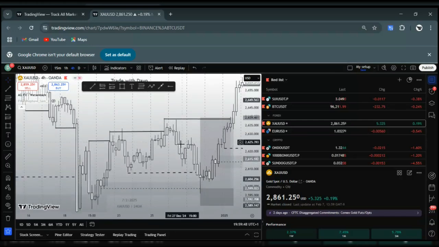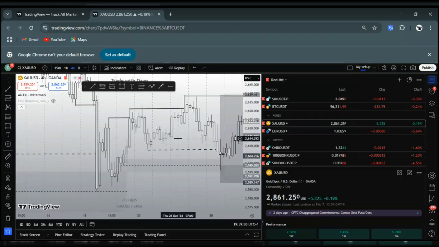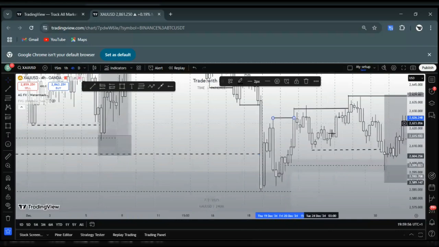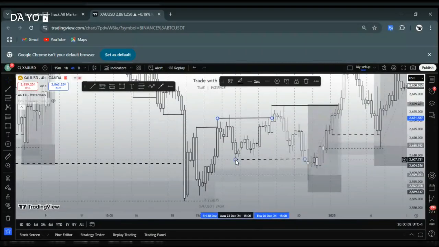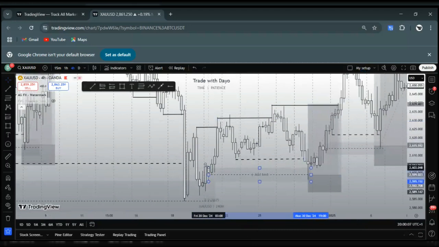On our 4 hours, we saw a first break of structure. Then a second break of structure. Then what happened? A low. Then the market swept the low and went towards another block. For you to know that the other block is valid, there was a fair value gap here.